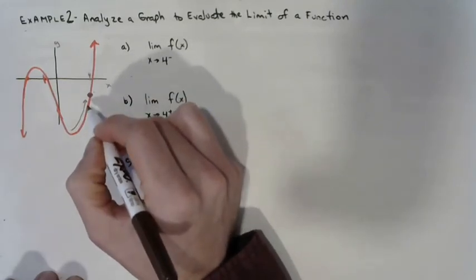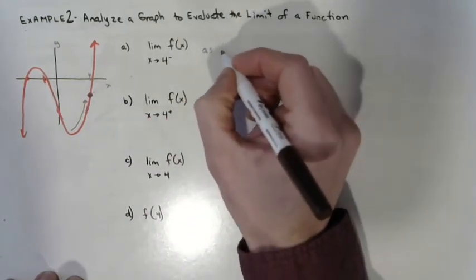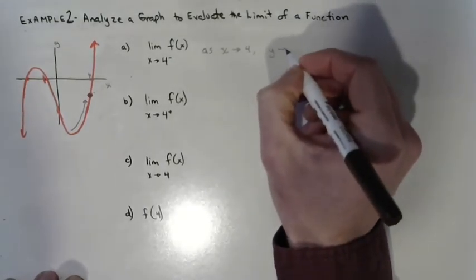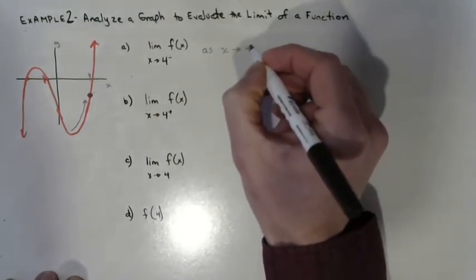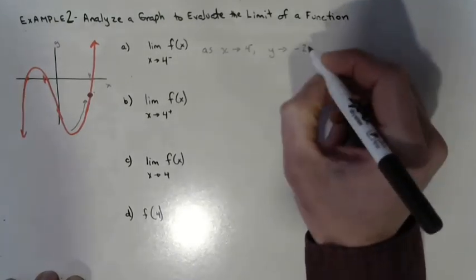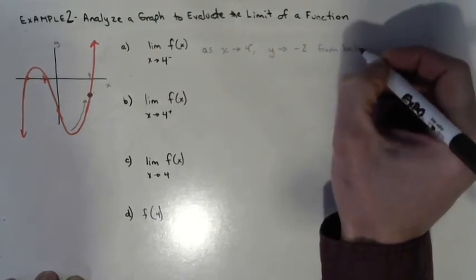And the y value that we are approaching is -2. So as x approaches 4 from the left, y approaches -2. You could even say something like from below.